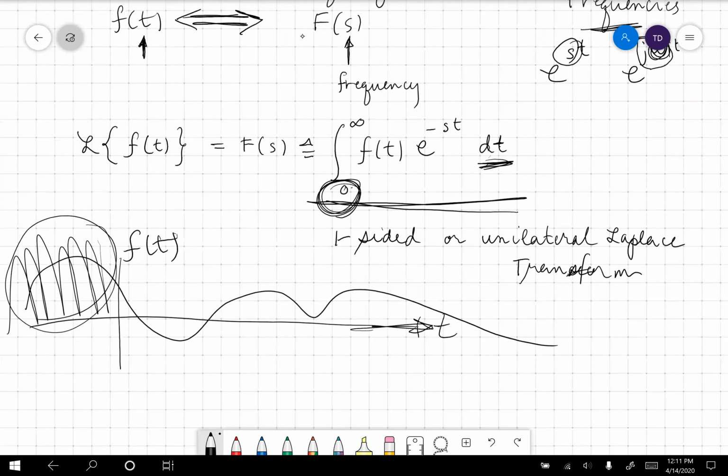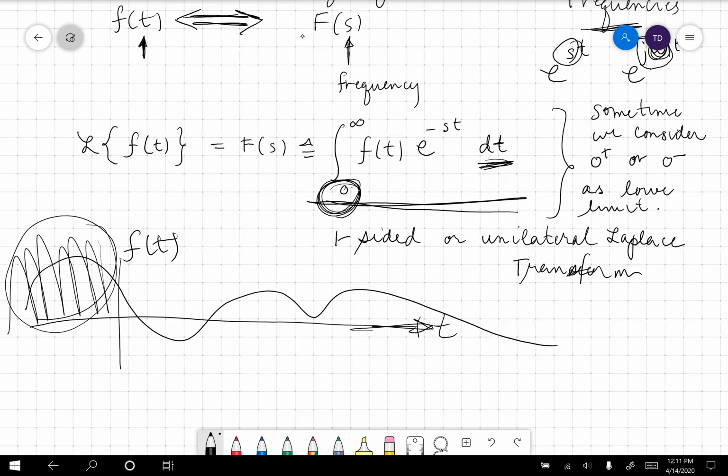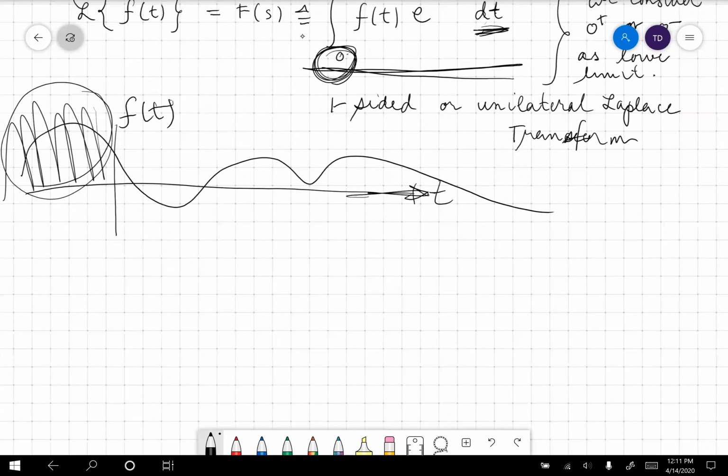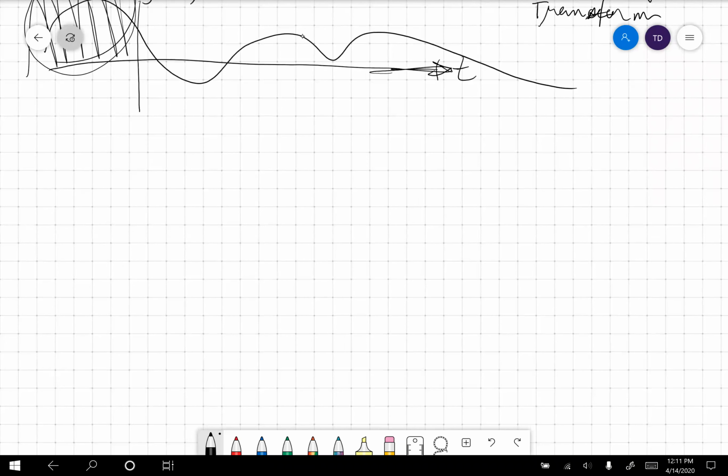So sometimes we consider 0 plus or 0 minus as the lower limit of the integral. But I'm not going to lose a lot of sleep over that, and I don't want you to lose any sleep over that either. So for us, we're going to look at basically the integral from 0 to infinity.